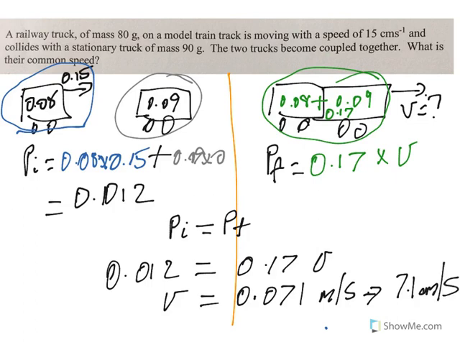So it's actually going slower, which makes sense because the mass that's moving is greater. All right, so let's have a look at another example.